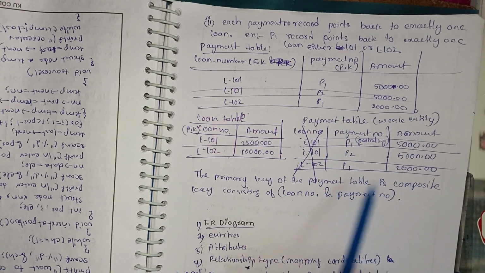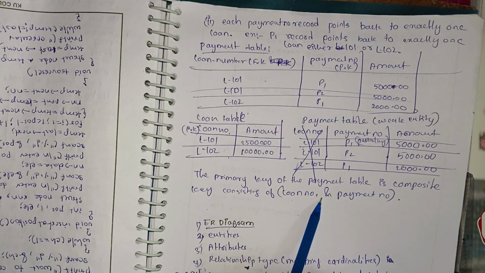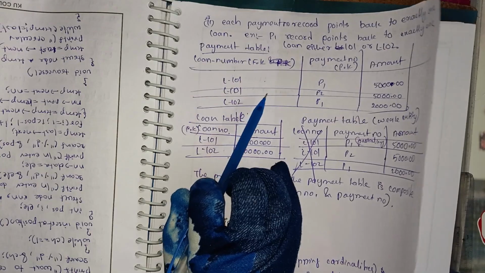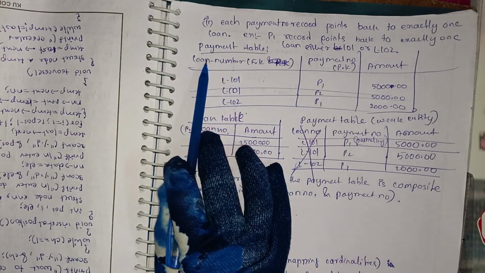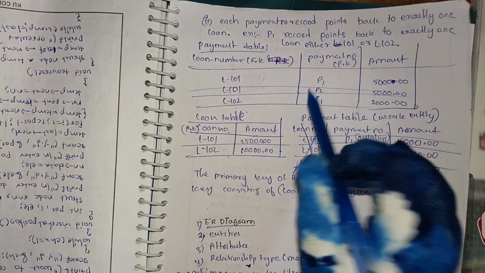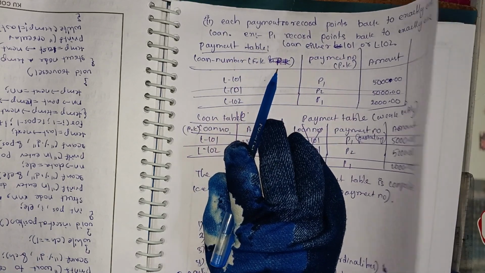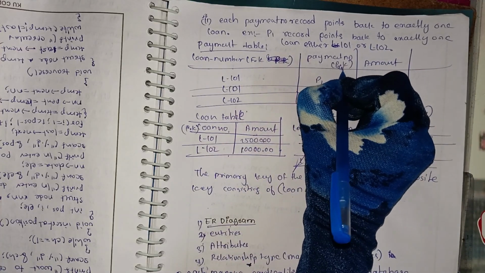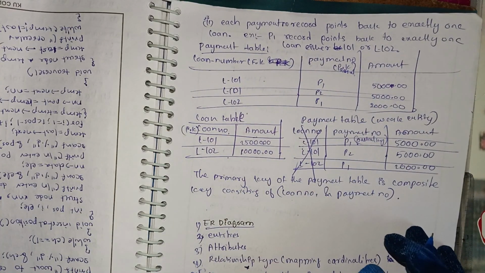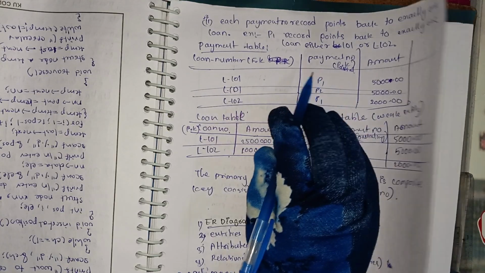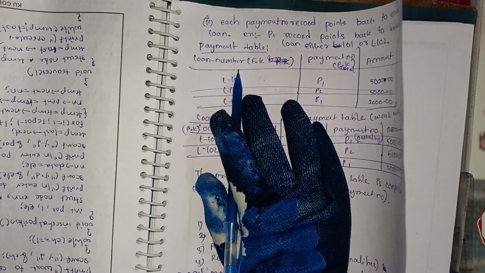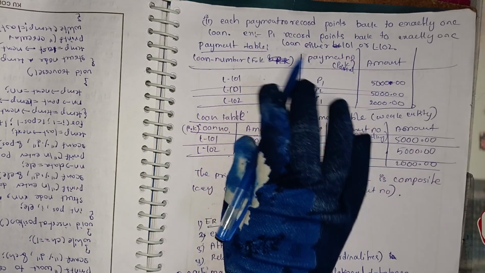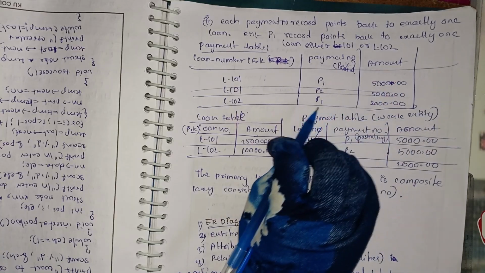Here the primary key of the payment table is a composite key consisting of loan number and payment ID. Here the output contains composite keys. Payment number is a partial key. It combines with the primary key and uniquely identifies each row in the table.